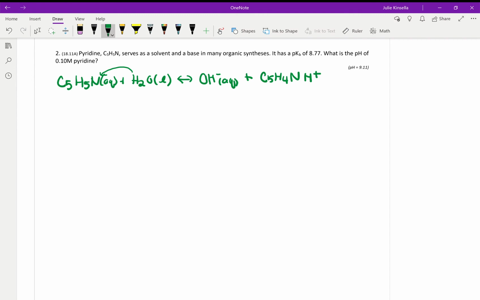I feel like I was saying anion before, which I'm sorry about, because it's positive. Your cation, which is your conjugate acid of our weak base.